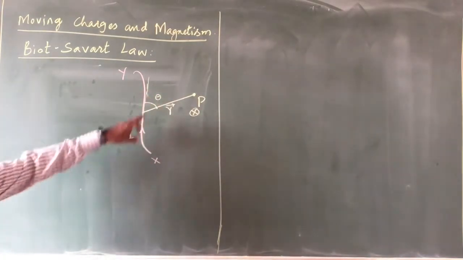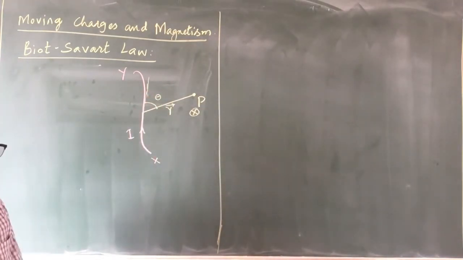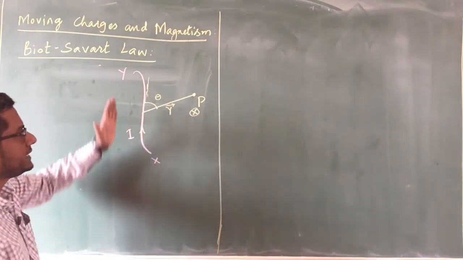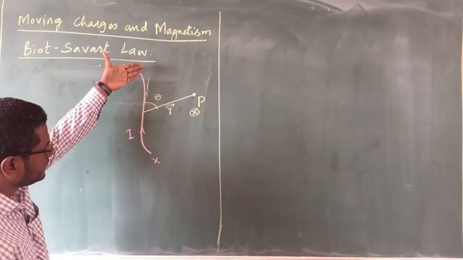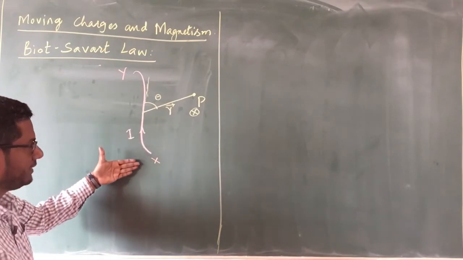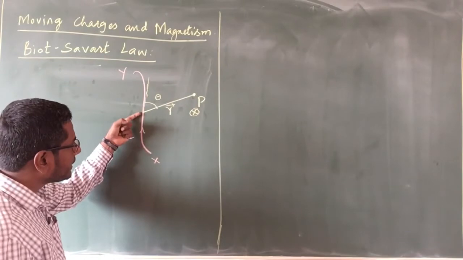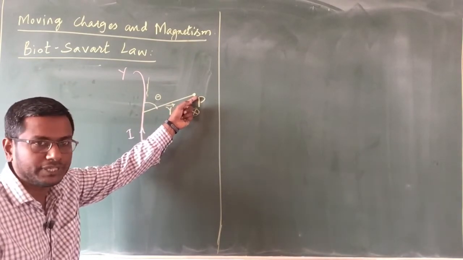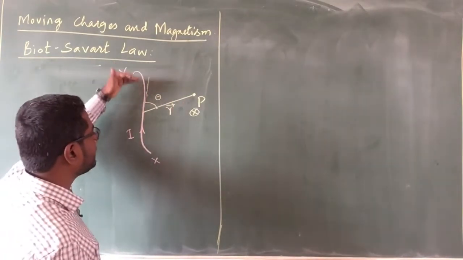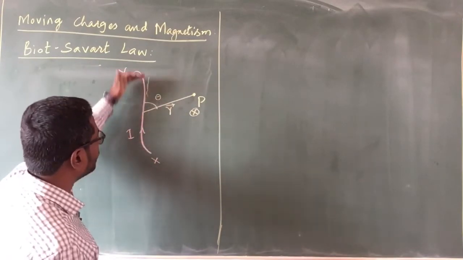That is the angle between the direction of the current element and the position vector joining the current element to the point P.